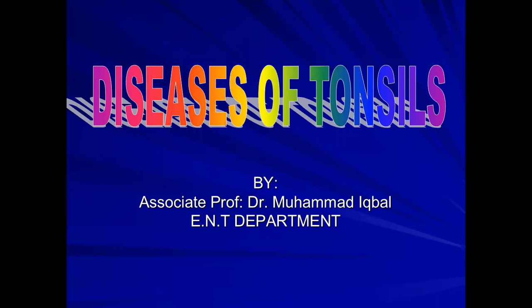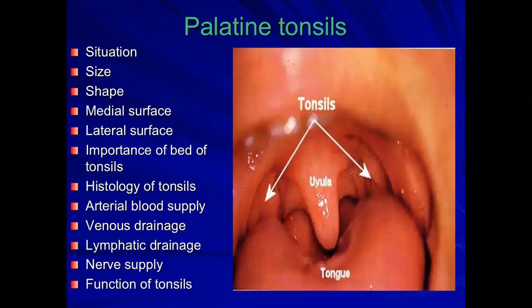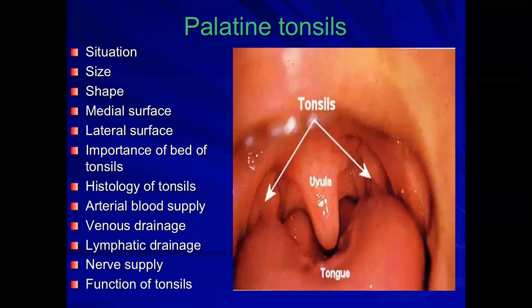Now I put a picture in front of you. It's a very good picture, and it clarifies all these things in your mind. The arrows show both sides of the tonsils.